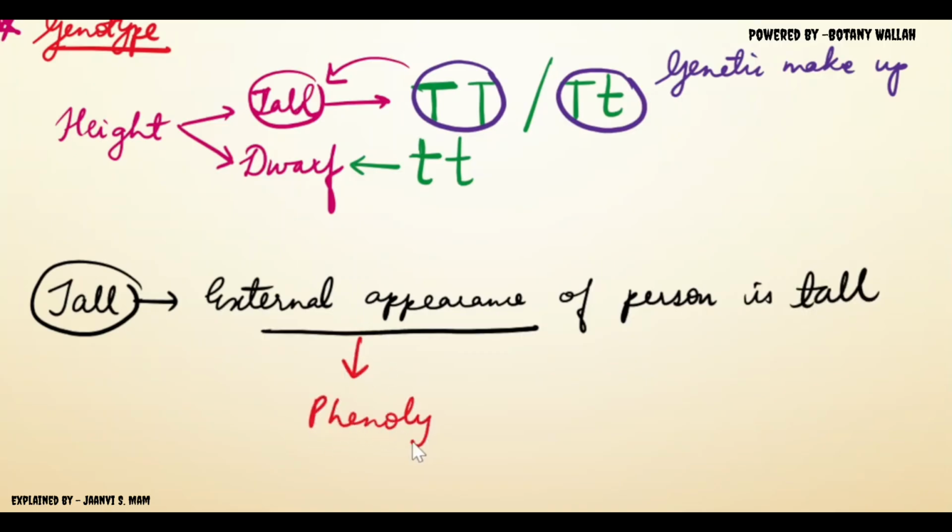I can say the person is tall, or dwarf, or fat. Whatever things I can observe and say about someone, that is known as phenotype.